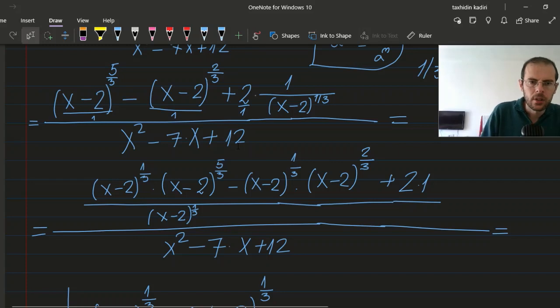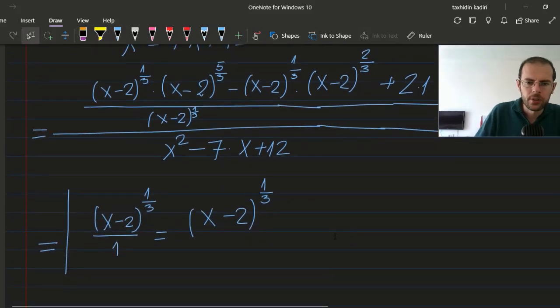And can you see here, (x minus 2) to the power 1/3 is multiplying this (x minus 2) to the power of 2/3 plus this expression, this third we have here. This is just for explanation.